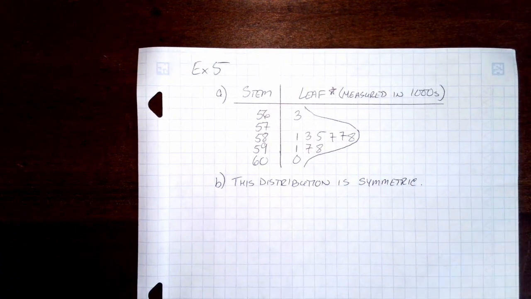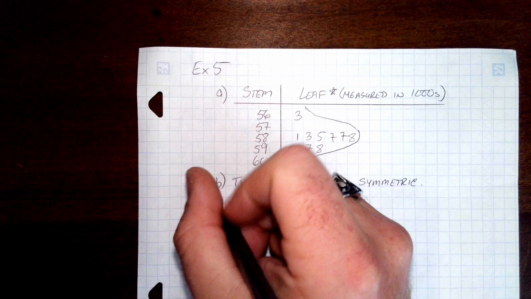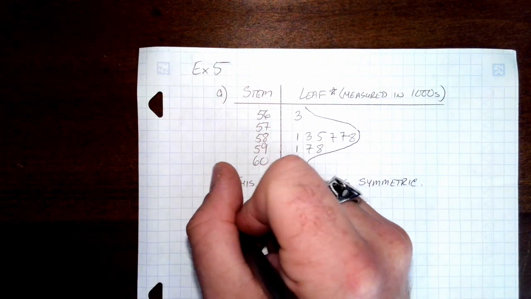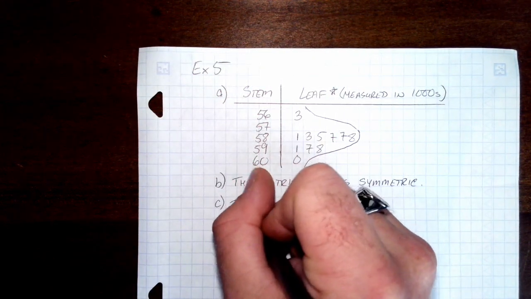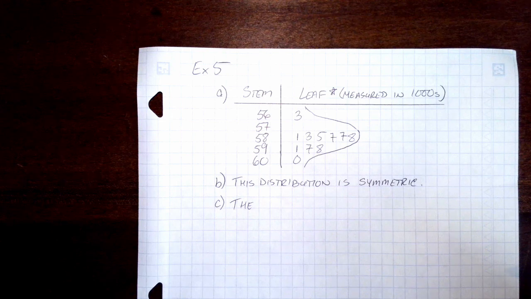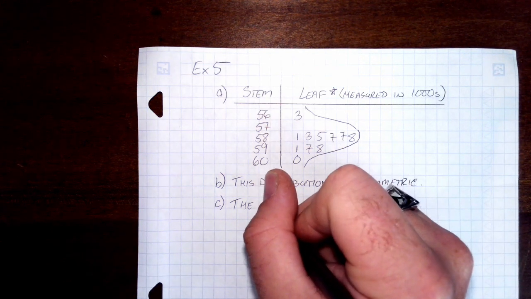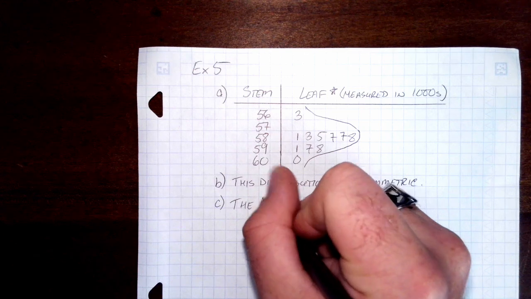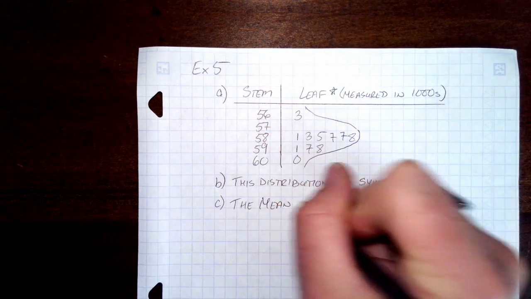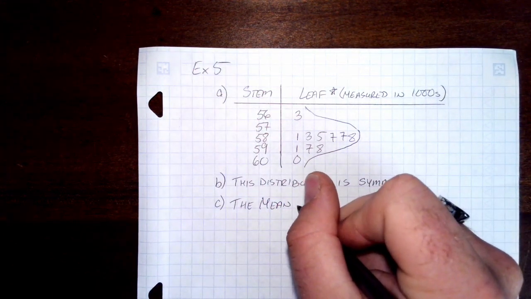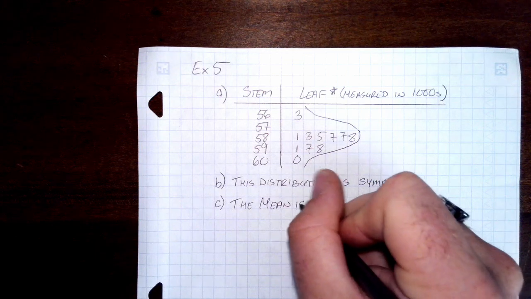And anytime your distribution is symmetric, that means that the mean is going to be your best measure of center. They didn't ask us what that number is yet. We could find that out, but that's for the next example. Again, if the distribution is symmetric, the mean is best.